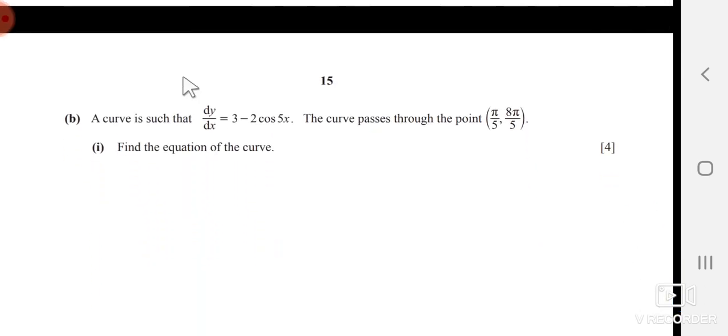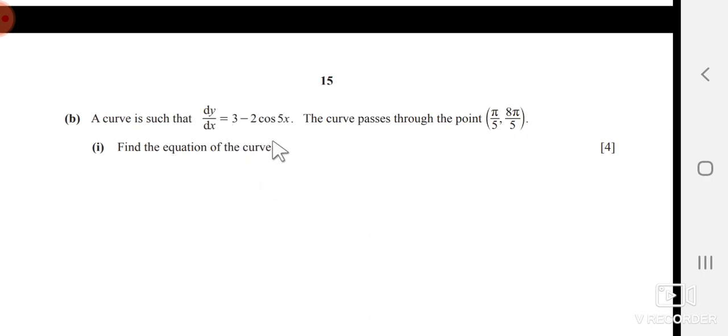And now this is again a very simple question. A curve is such that the curve passes through this point, find the equation of the curve. You need to integrate, because you know this is dy, and this dx goes to the other side and becomes (3 minus 2 cos 5x) dx. Integrating dy gives y, and y represents the curve.